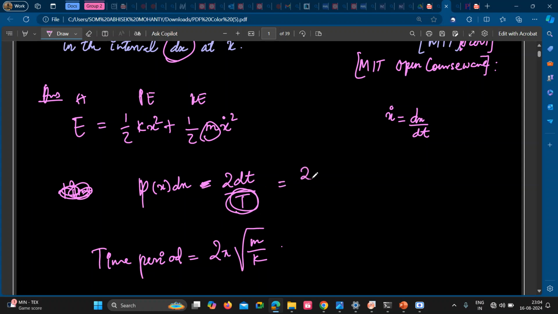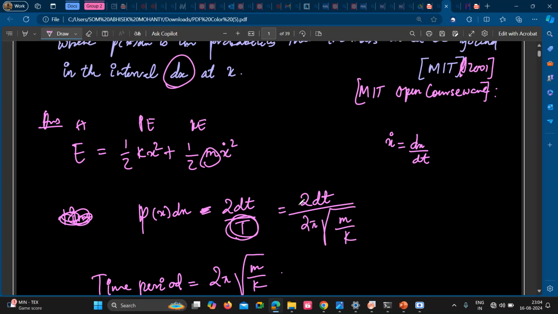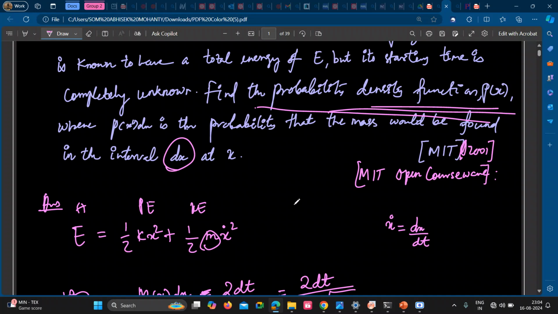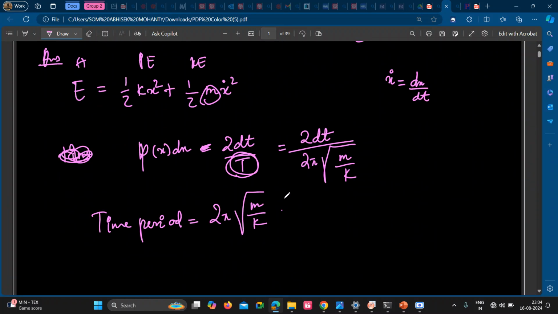Let me first write 2 dt by 2 pi root over m by k. So what I have to do here is find an expression of dt from here, then only I can do something. How can I get an expression for it?